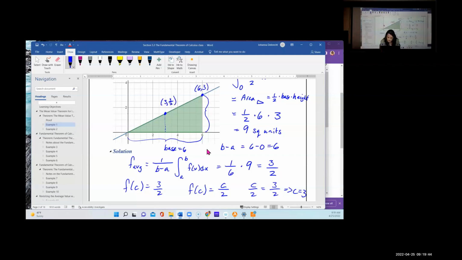And what this means is if we take that height and we draw a rectangle, the rectangle that I'm shading in yellow has the same area under it as the area under the slanted line, the green shaded area. So the yellow shaded area is the same as the green shaded area. And that's what we mean by the average value.